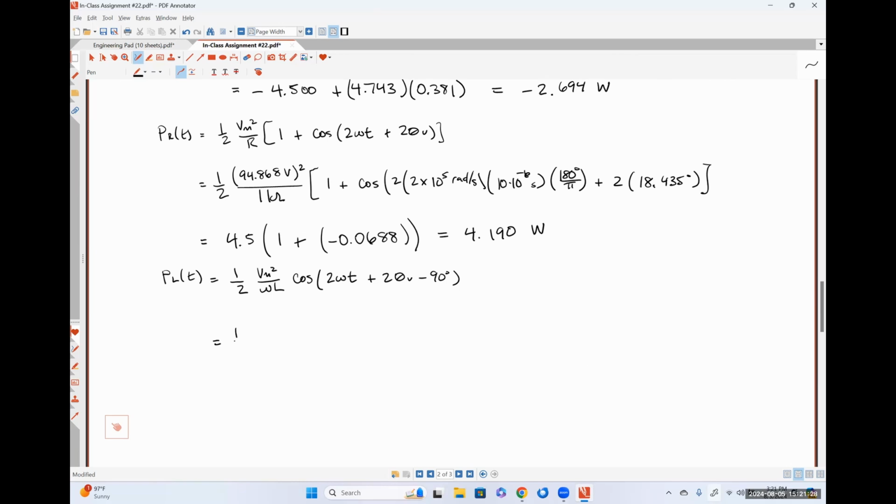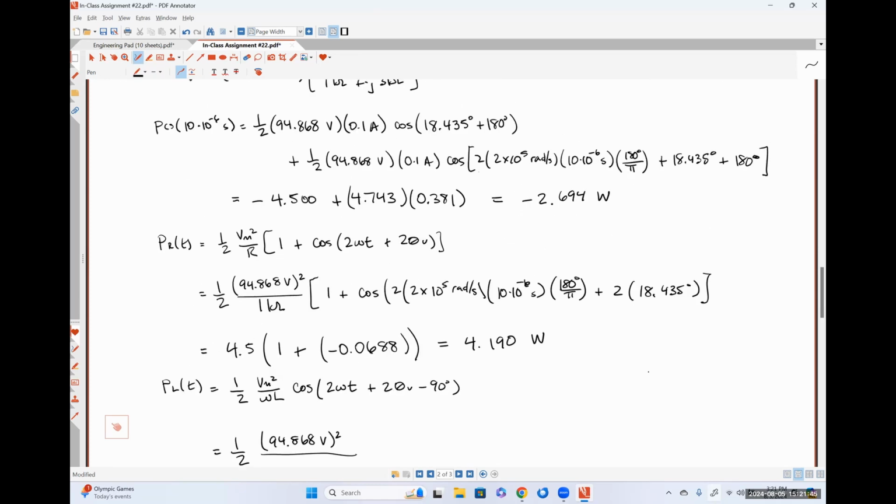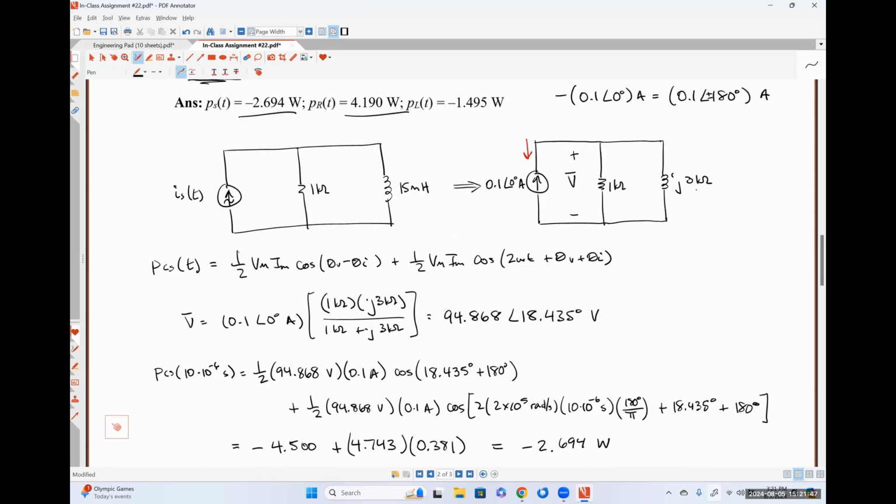So that is going to be 1/2 times 94.868 volts squared. What's omega L? It's literally the impedance of our inductor without the J. So I'm just going to put in 3 kiloohms down there.